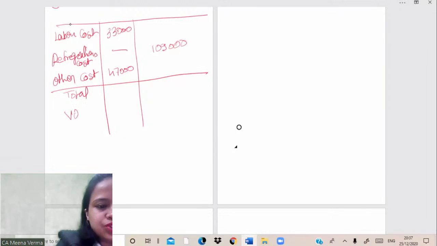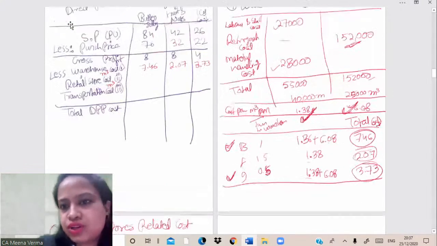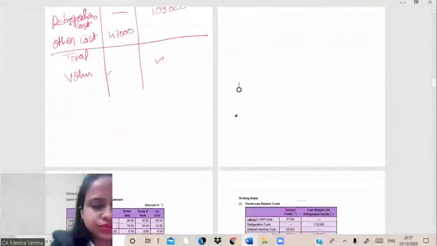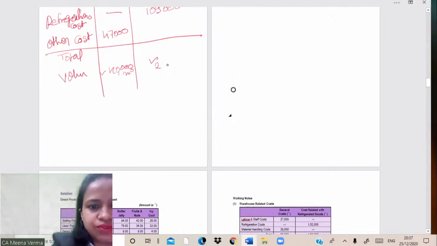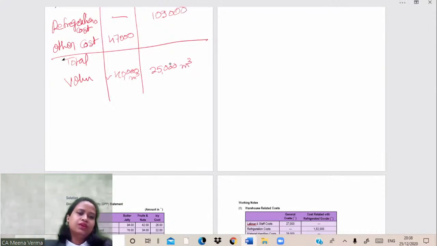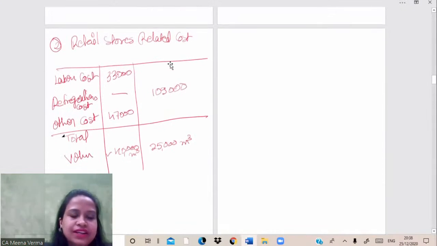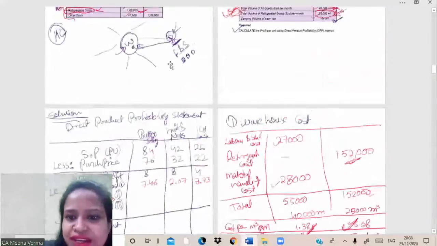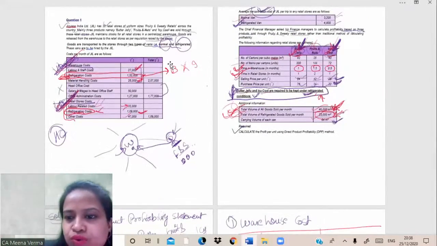Okay, and the volume which you keep in refrigeration and the total other volume. ठीक है, it is 40,000 and 25,000 meter cube. Find this retail store cost per meter cube. Then again the time they have spent in the retail store, 1 to 1.